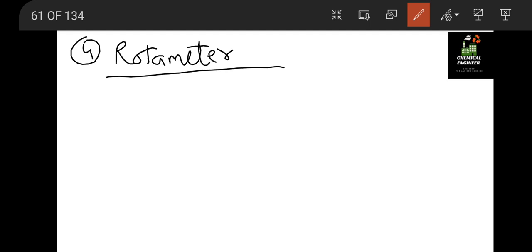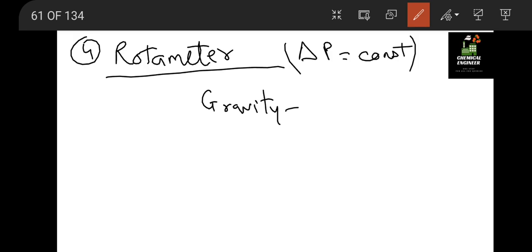Next, the fourth is the rotameter. In rotameter, I hope you know this is the area type meter where delta P equals constant. Please note down all the things which I write in this slide. Rotameter is generally based on the force balance formula: gravity equals buoyancy plus drag.